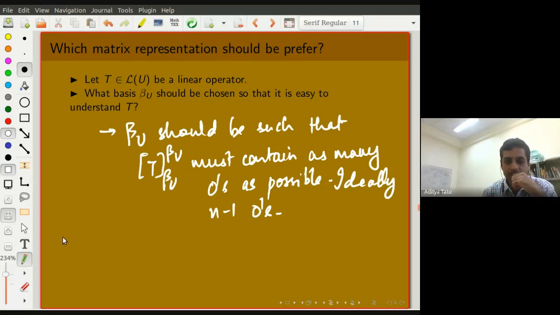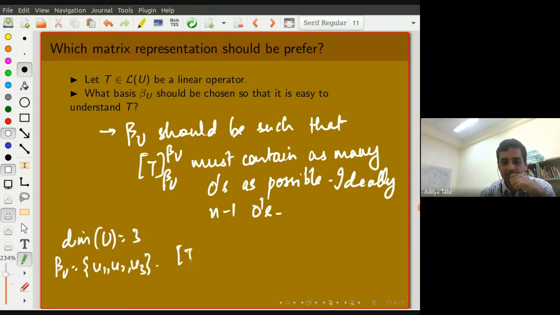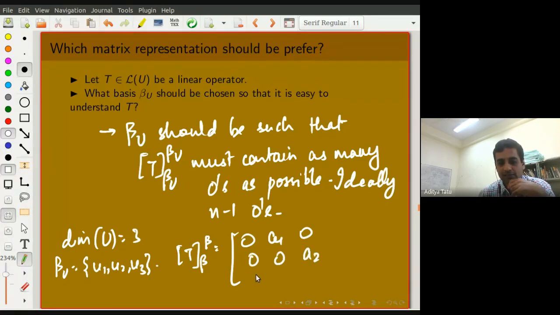Think of a 3 by 3 matrix. Let's say dimension U is 3, and let's say beta U is U1, U2, U3. And say the matrix of T in beta U is 0, A1, 0, A2's, let's see, more interesting, this, A3, 0, 0.